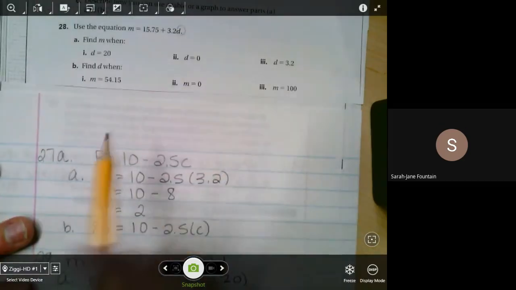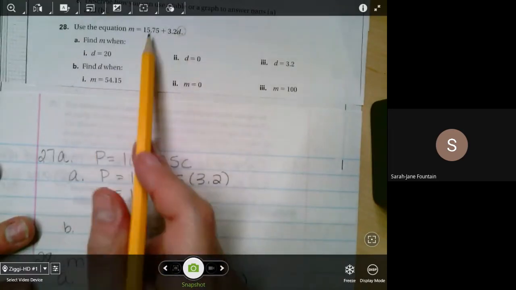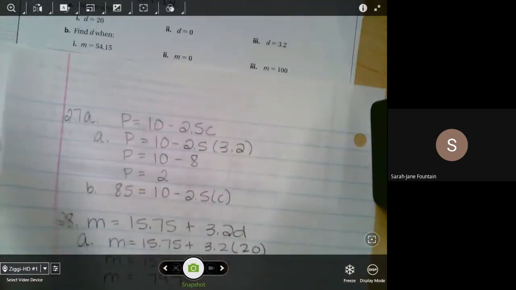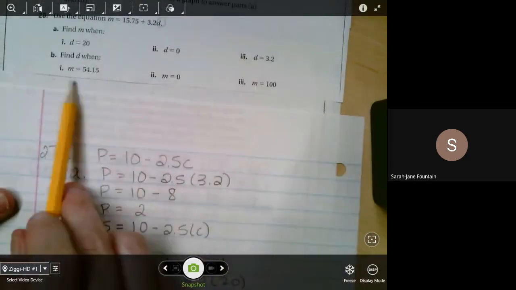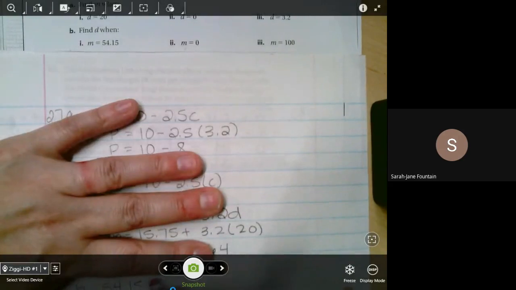And 28B, it's saying find D when M is 54.15. And yes, you do have to do 1, 2, and 3, and 1, 2, and 3. Okay, so let me skip a line.